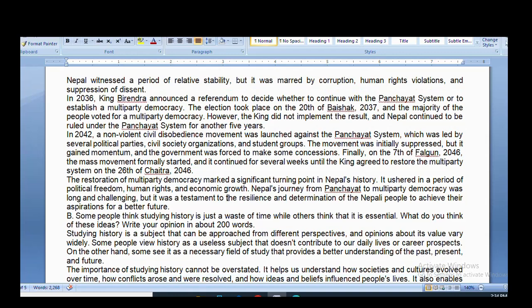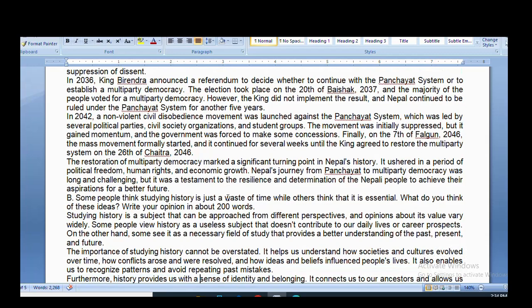The movement was initially suppressed, but it gained momentum, and the government was forced to make some concessions. Finally, on the 7th of August 2046, the mass movement formally started, and it continued for several weeks until the king agreed to restore the multi-party system on the 26th of Chaitra 2046.